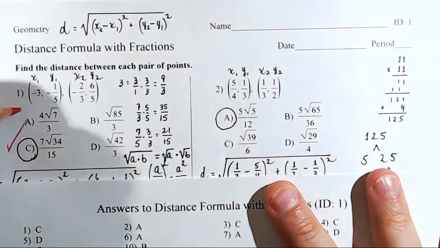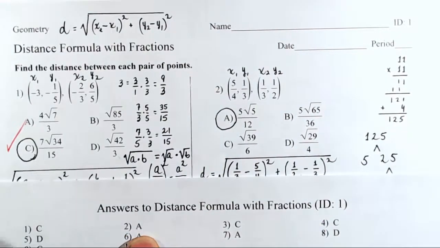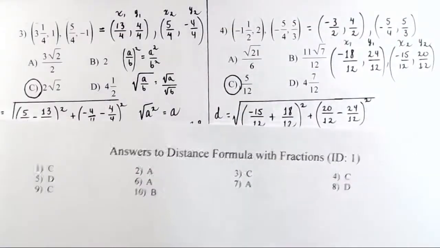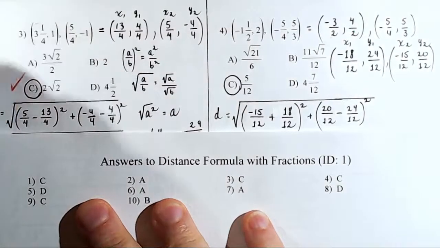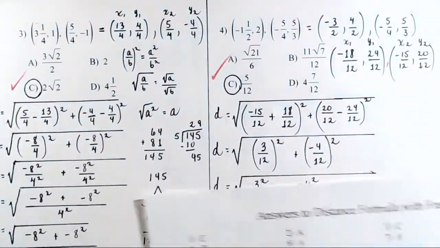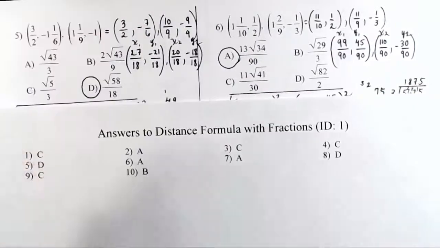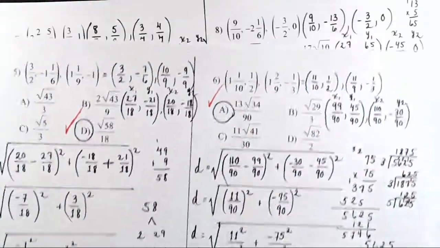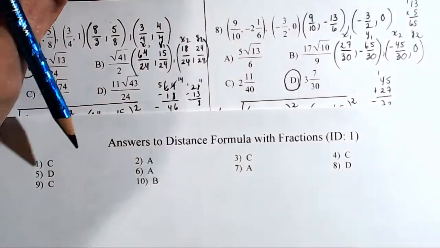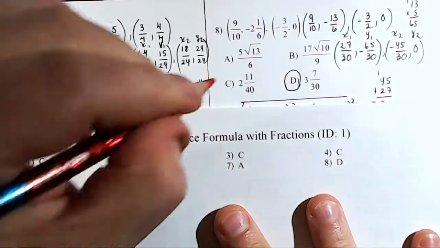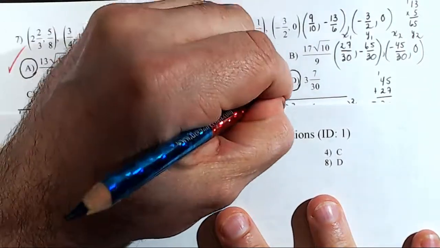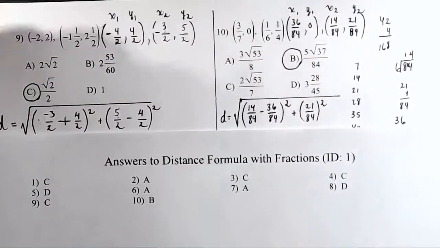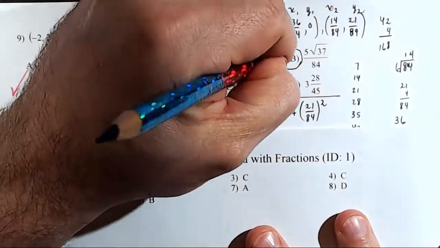All right, so that's correct. 2 is A. That's correct. 3 is C, and 4 is C. 5 is D. 6 is A. 7 is A. 8 is D. 9 is C. And 10 is B.